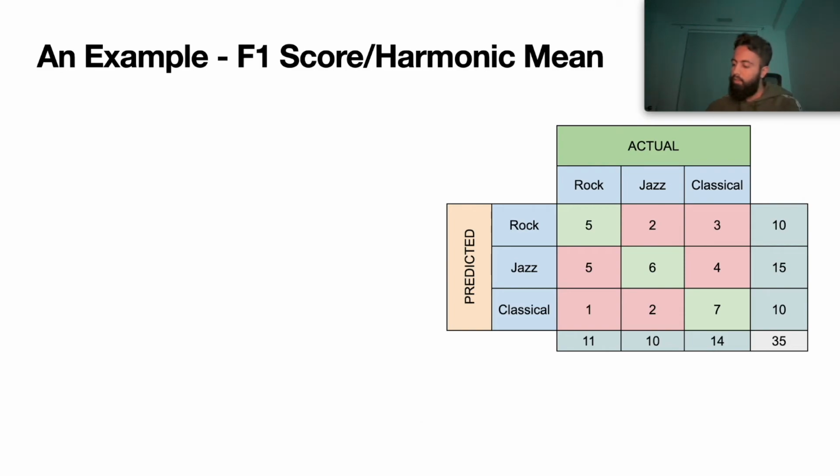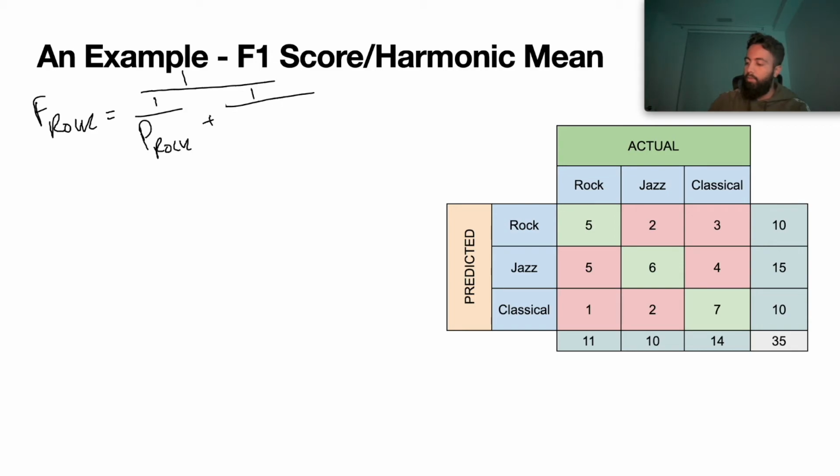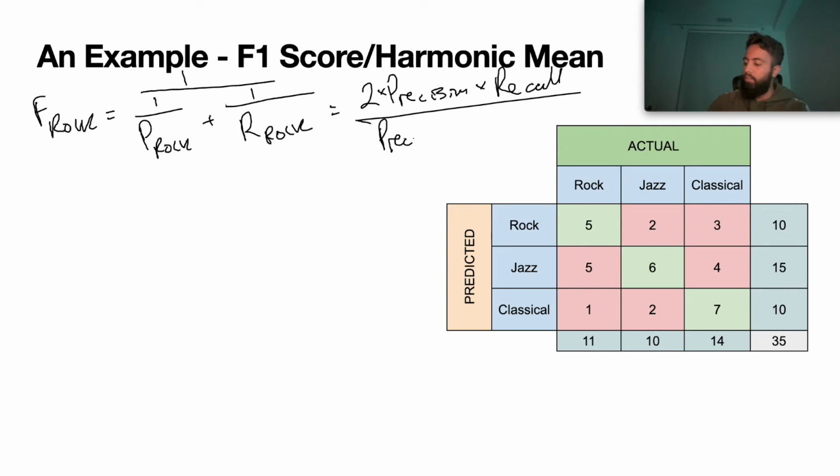Now to calculate the F1 score, just the harmonic mean, we actually have to calculate the F1 score for rock, the F1 score for jazz, and the F1 score for classical, and then average them. F rock is equal to 1 over the precision value for rock plus 1 over the recall value for rock. Now this formula simplifies down to 2 times the precision times the recall over the precision plus the recall.